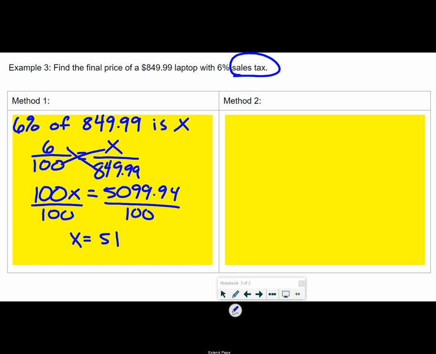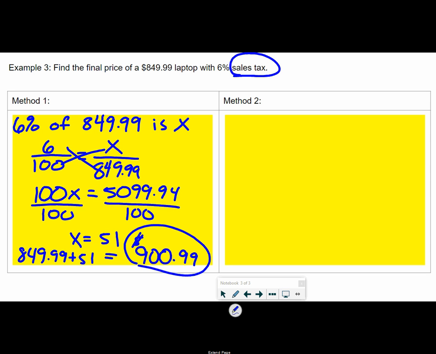And then I have to add. So I do 849.99 plus 51, which gives me 900.99. That's method 1. Method 2, I'm going to add the 6% at the beginning. So 100 plus 6 is 106%. 106 over 100 is X over 849.99.